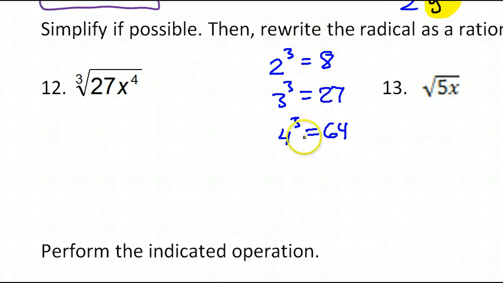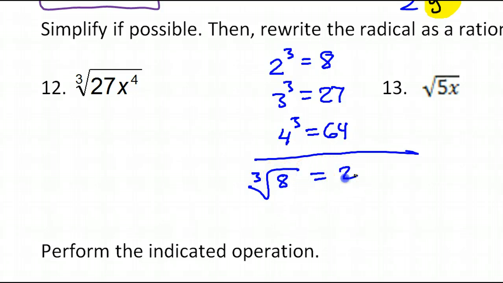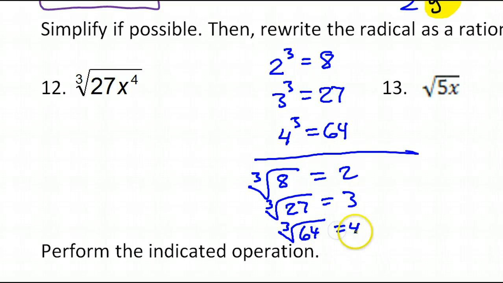Okay, so remember that the way perfect cubes work is that if I take the cube root of 8, that's 2. If I take the cube root of 27, that's 3. If I took the cube root of 64, that's 4. Okay, so the cube root just uncubes you.